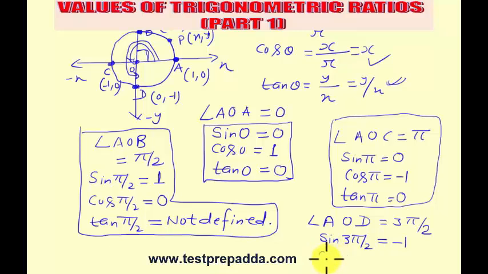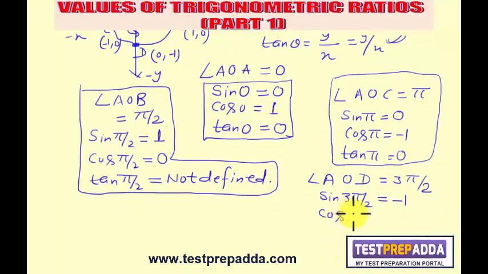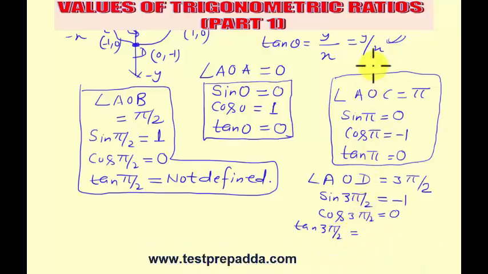Now cos 3 pi by 2. That is equal to the x coordinate. Here the x coordinate is what? 0. Now tan 3 pi by 2. Tan 3 pi by 2 is what? Y coordinate upon x coordinate.